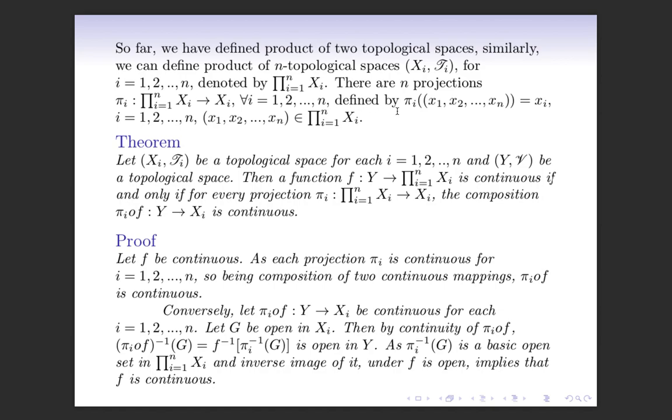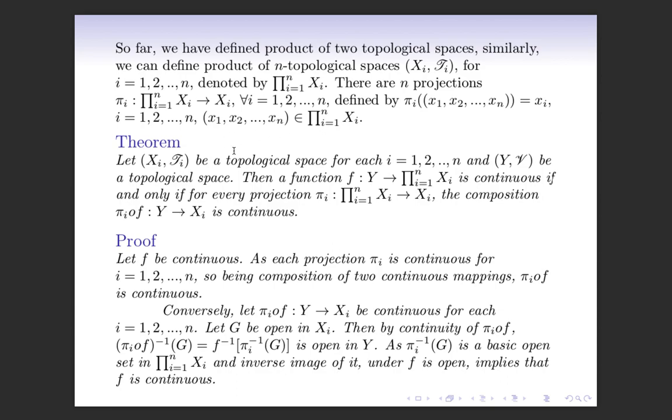This is defined as pi I of X1, X2, Xn equal to Xi. Any element of the product is an n-tuple of this form, X1, X2 up to Xn, and pi I maps from this product to Xi, giving the ith coordinate, for every element of the product.